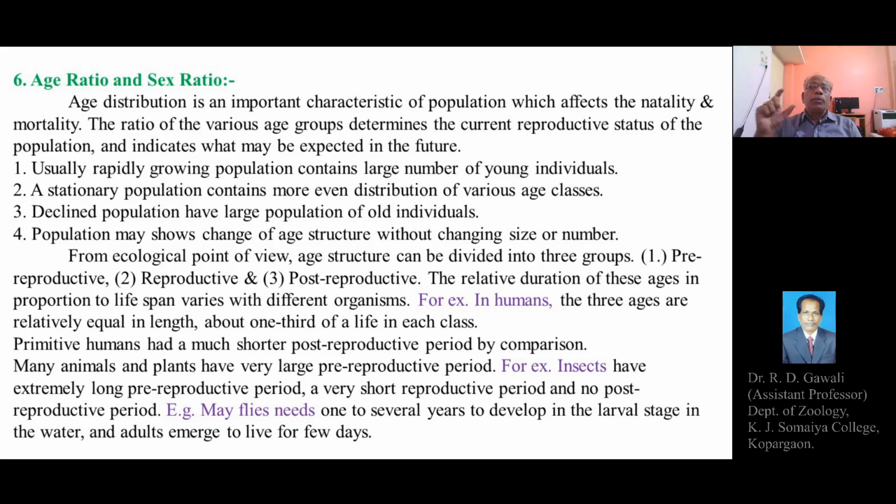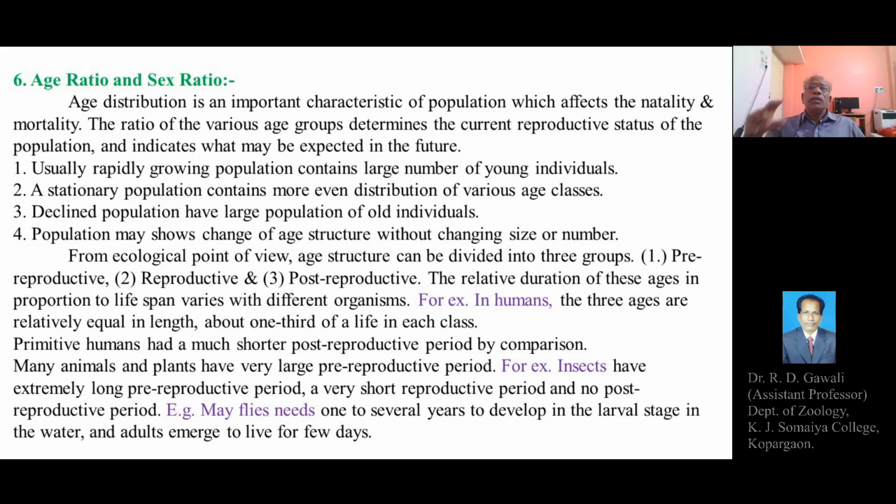So when the population contains a large number of pre-reproductive or young individuals, ultimately this population shows rapid growth. It means the number of the population will increase fast if there are a large number of young individuals in the population.